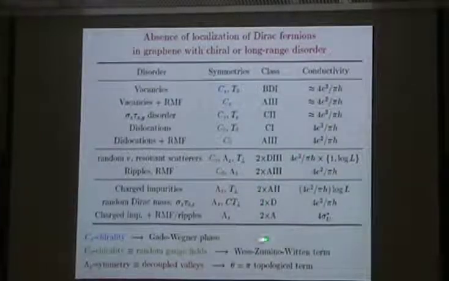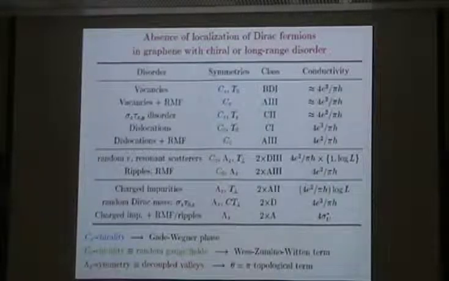I think there are 6 out of 10 symmetry classes that arise here. And it's not only different symmetry classes, but in some cases there are also different topological terms of topological origin. So there are 3 groups here.